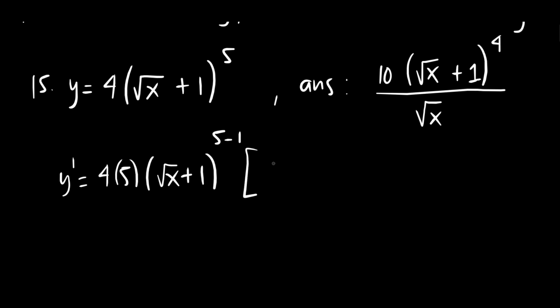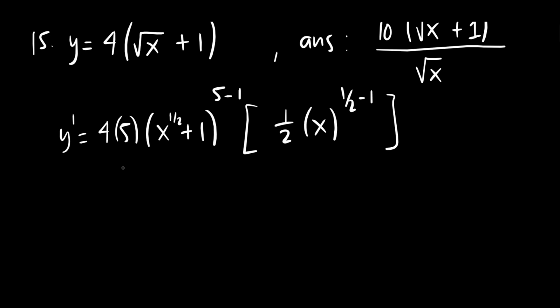Let's convert the square root into x raised to the power of 1/2. The derivative inside is 1/2 multiplied by x raised to the power of 1/2 minus 1, right? And the derivative of 1 is just equal to 0.